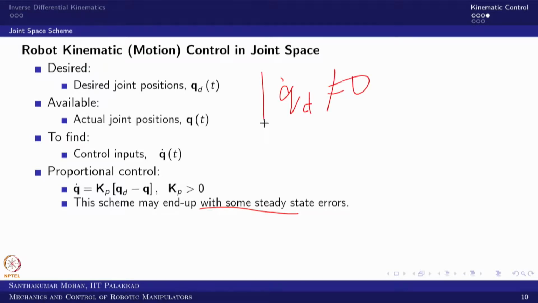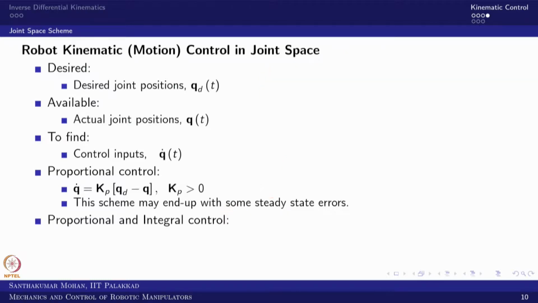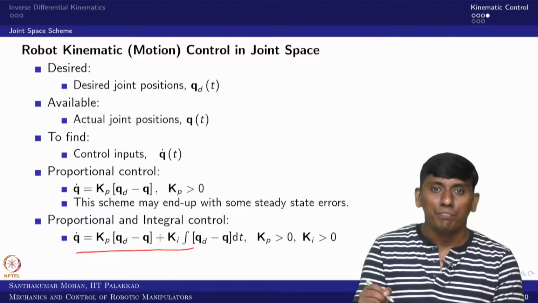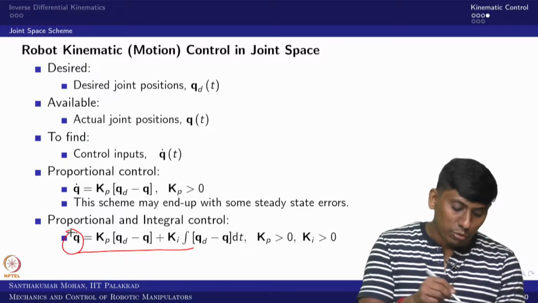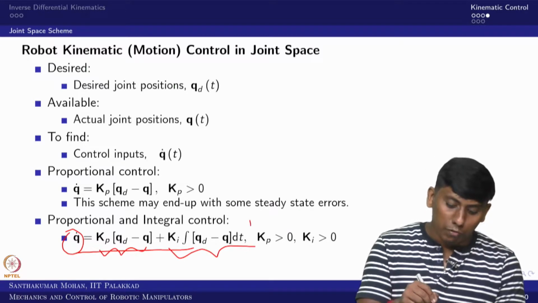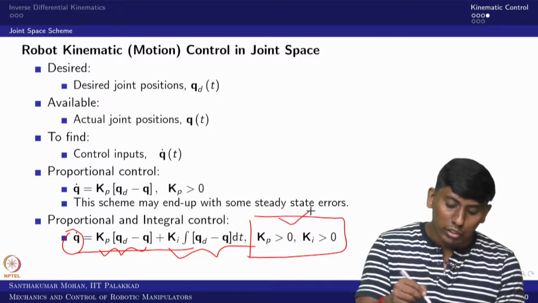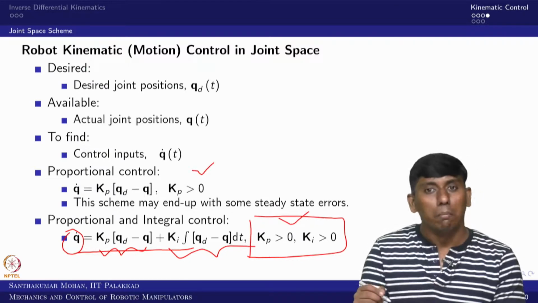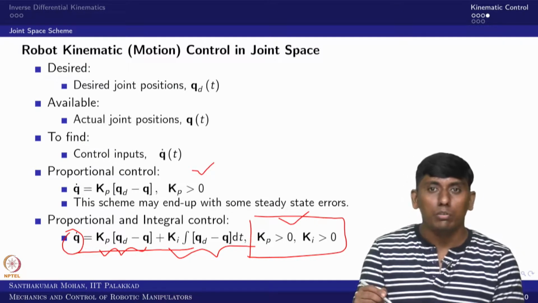So in order to overcome that, people came up with proportional and integral control. So you can see this is the way we can write it. The q dot can be written as a proportional control and integral control, right. Further, it requires that both control gains are positive. That is what you need to know.